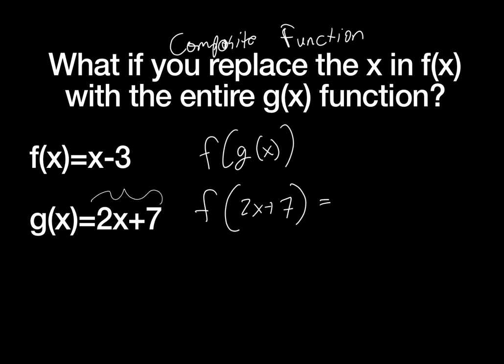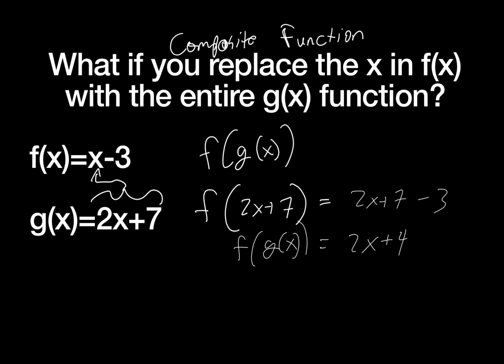This whole thing goes in here. 2x plus 7 minus 3 will be 2x plus 4. So f of g of x is 2x plus 4. That's what's called a composite function.